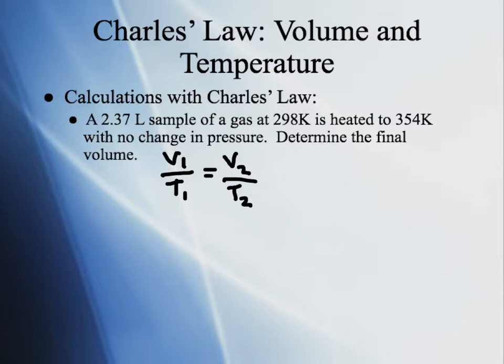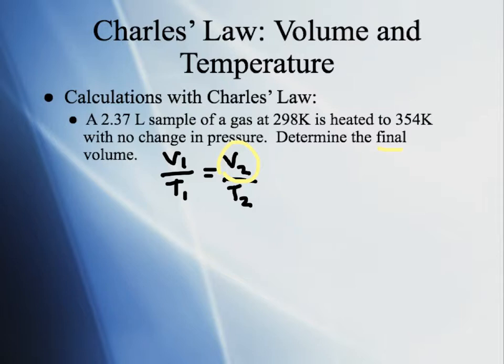In this question, it says a 2.37 liter sample of gas at 298 Kelvin is heated to, okay, so that means that what we just read was before, and now it's being heated to, so that's after. So that's going to be our 2's. So it's heated to 354 Kelvin with no change in pressure. Determine the final volume. So we're going to be solving for V2 because it asks you for the final volume.